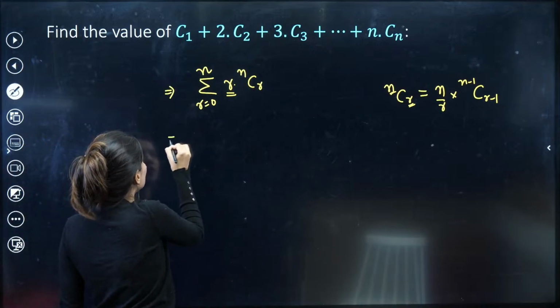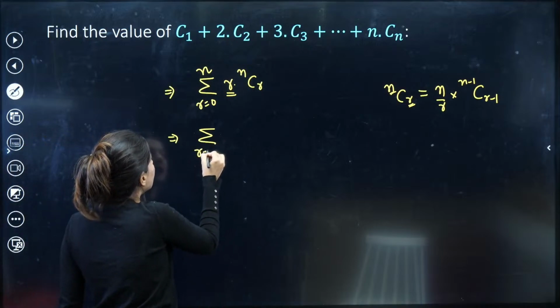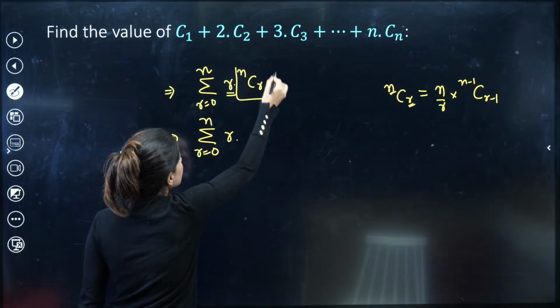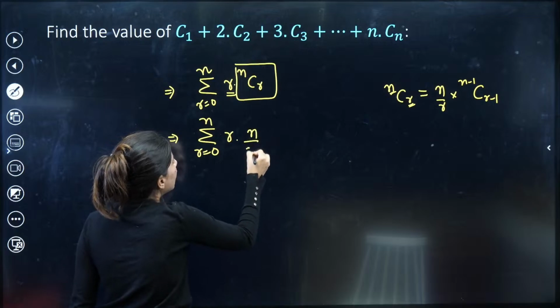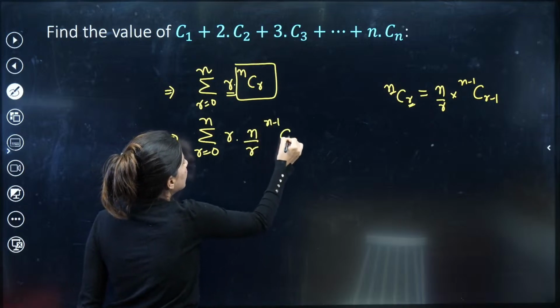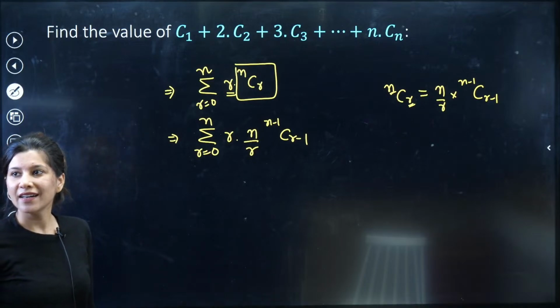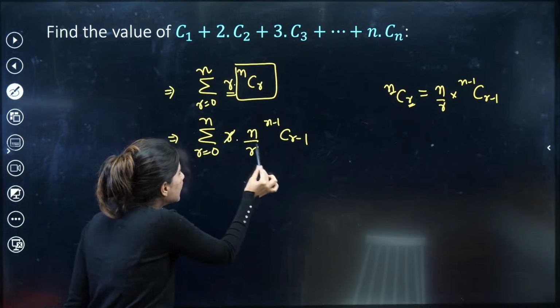So this is going to be sigma R equals 0 to N. This is R, and this NCR will become N by R, N minus 1, CR minus 1. See how easy is this? Right? So that's why this R is getting cancelled out.